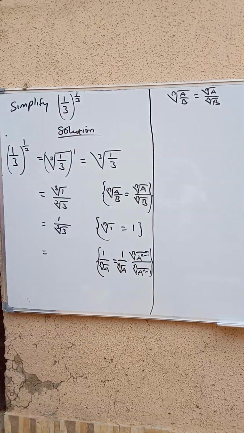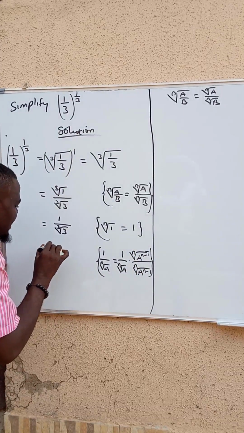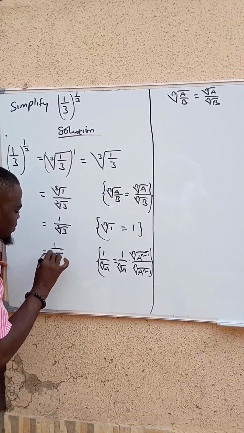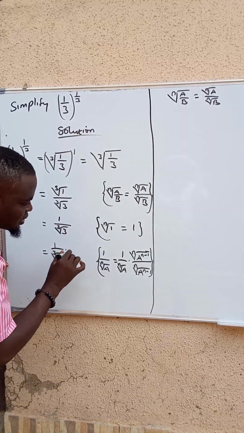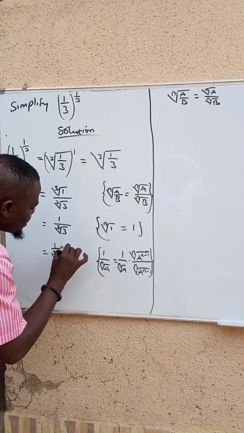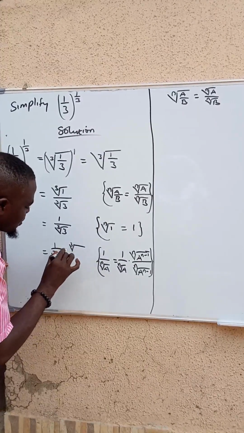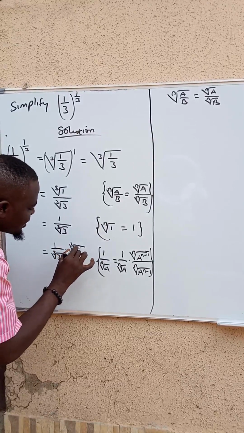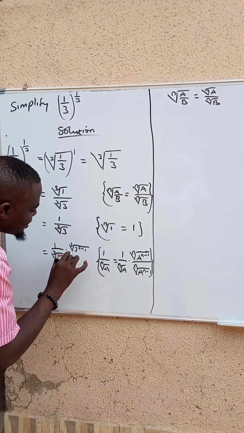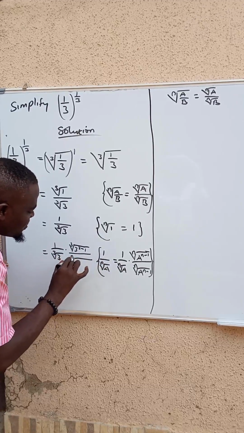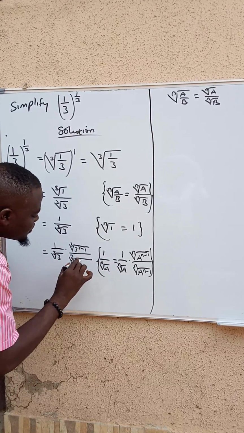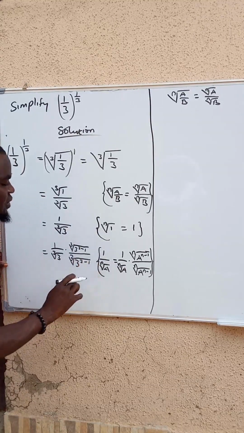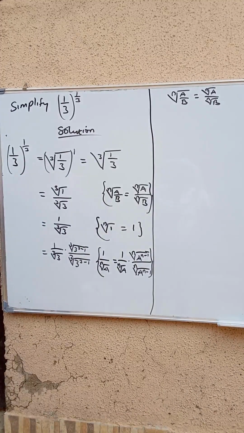So this one will now be 1 over the cube root of 3 dot the cube root of 3 raised to the power of 3 minus 1 over the cube root of 3 raised to the power of 3 minus 1. So this is what you have by the definition.